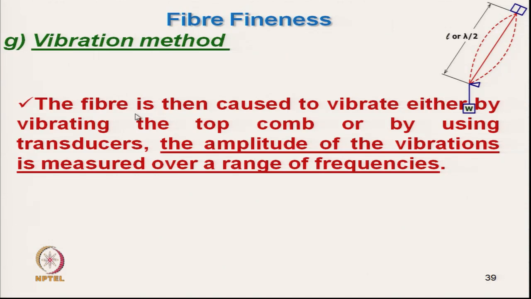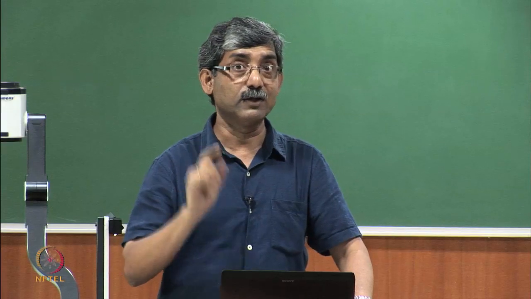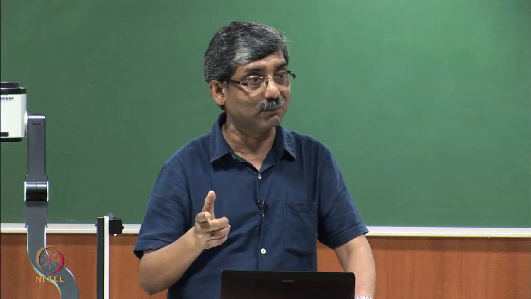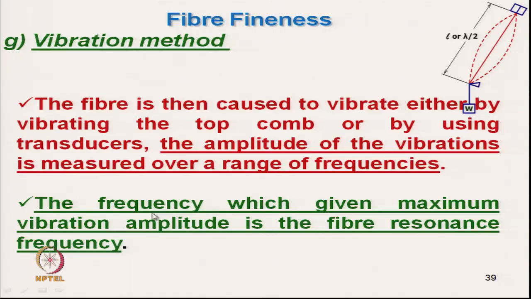The fiber is then caused to vibrate either by vibrating the top comb or by using a transducer. We allow the fiber to vibrate, and the amplitude of vibration is measured over a range of frequencies. We vibrate at different frequencies and measure the amplitude.